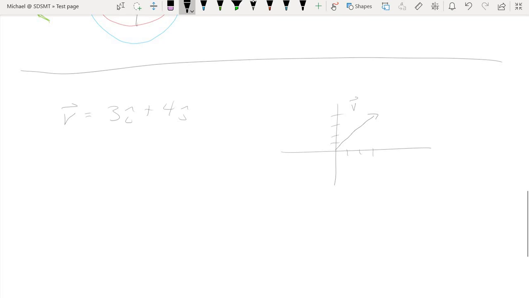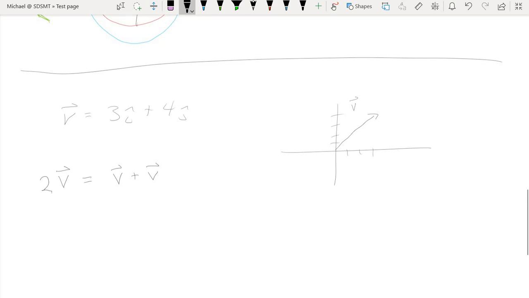What would happen if we took vector V and we multiplied it by the scalar value of 2? Well, multiplication is just a more efficient means of performing addition.